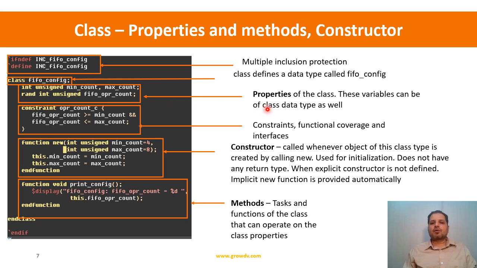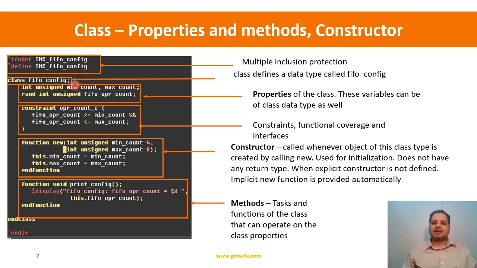So class FIFO config, and then next come all the properties of the class. These variables can be of class data type as well. That's what creates the class composition. We have already seen, for example, in some of the classes, we had created instances, like a generator, for instance, had an instance of FIFO config and the FIFO state, right?